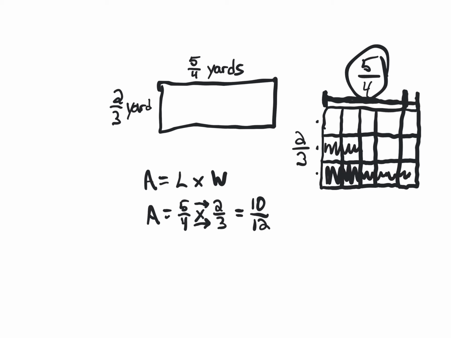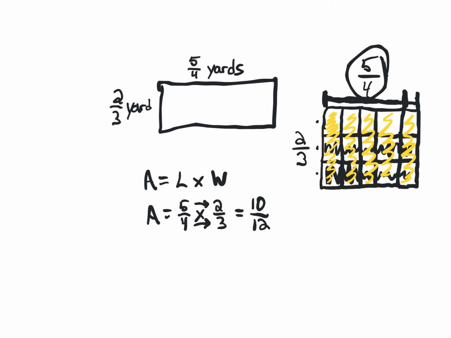There's 1 section, and there's 2 sections colored in. Now, for 5/4, I get to color in 5 sections. That's 1, 2, 3, 4, 5.